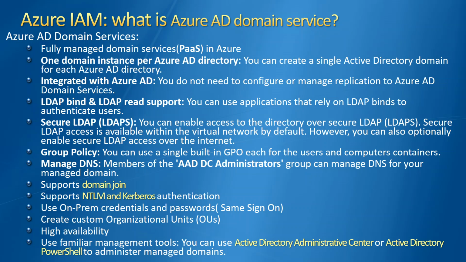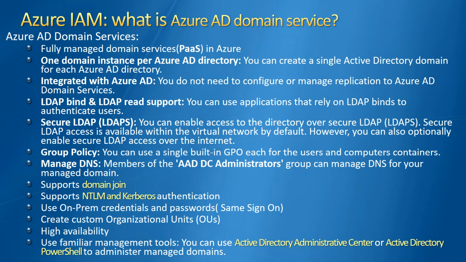In that case, you have two choices: either you set up your own VM and promote it to a domain controller, or you use Azure AD DS, which is fully managed. You don't have to do anything at all. You just spin it up and join your VM, or your legacy application can start making use of the identity created in Azure AD.